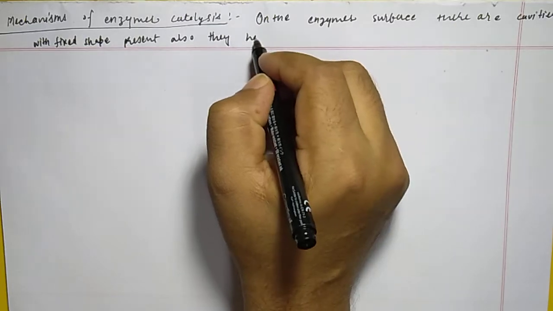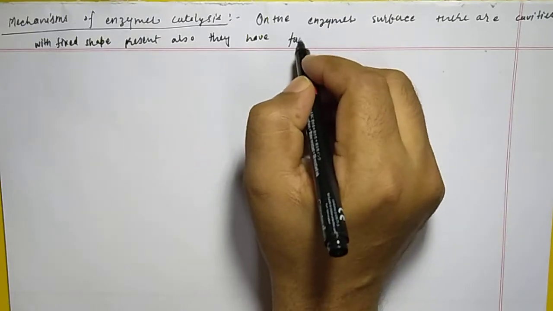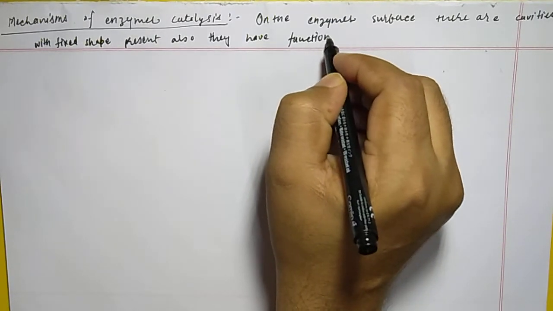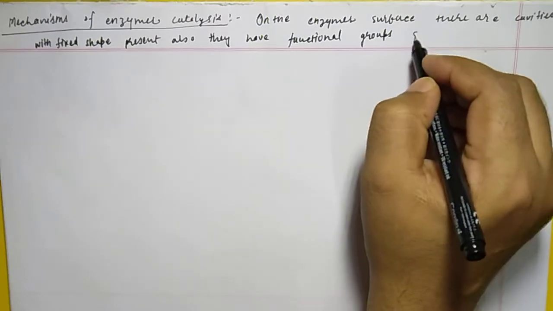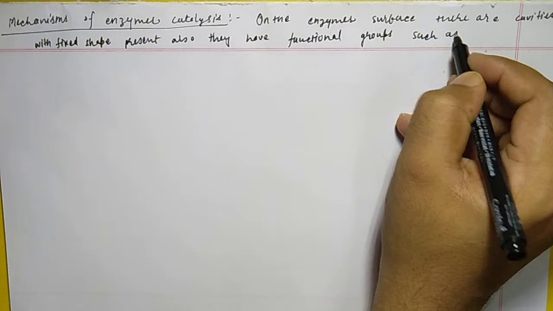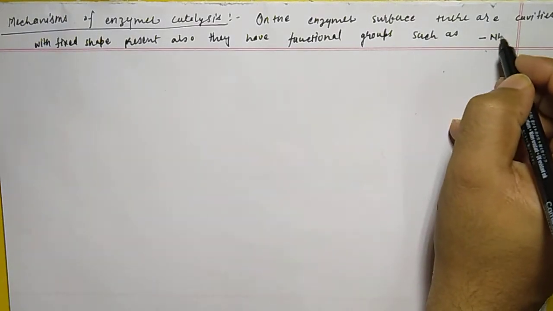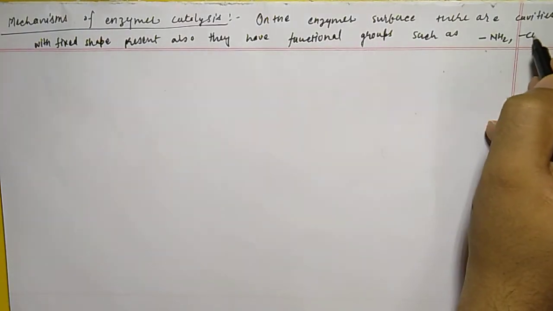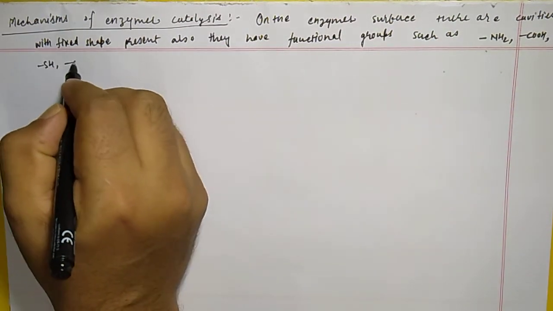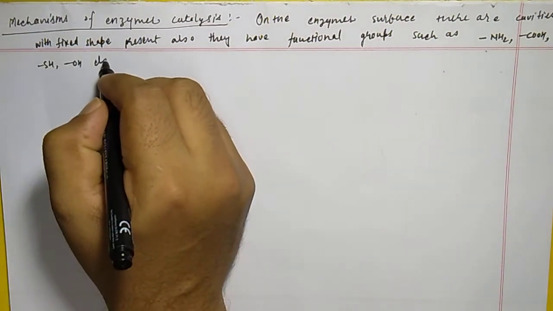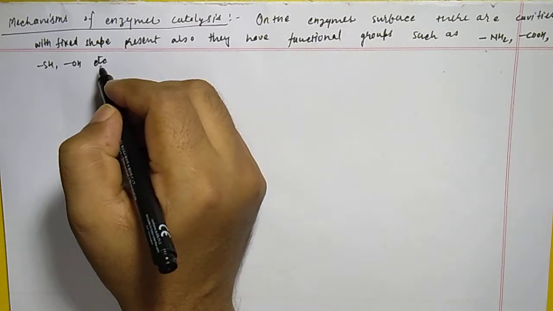They also have functional groups such as NH2, C=O, OH, SH. It may be any group, depending on the nature of the catalyst.